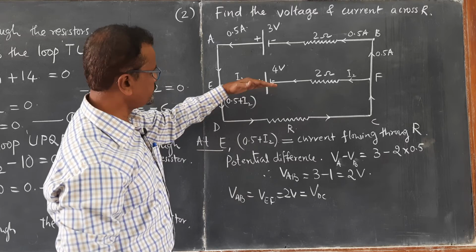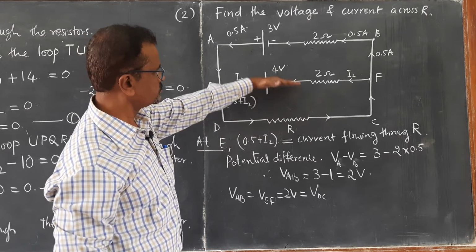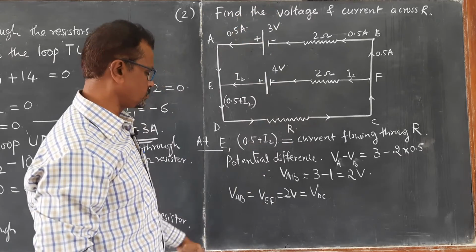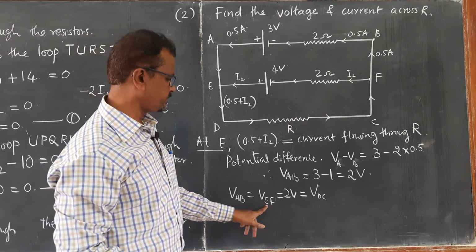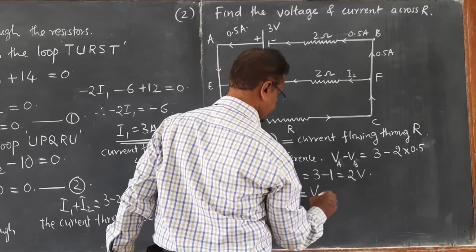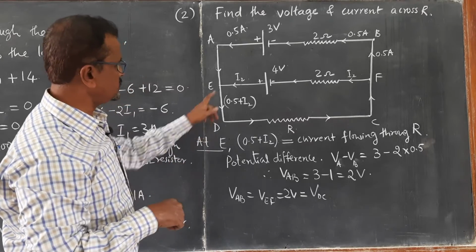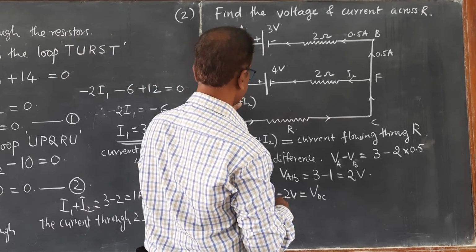So we got the potential difference across this branch as 2 volt, across this branch also 2 volt, and across this branch also 2 volt. So VAB equals VEF equals VDC equals 2 volt.